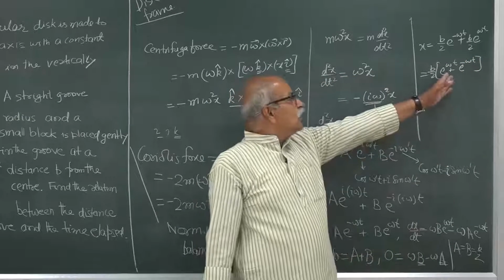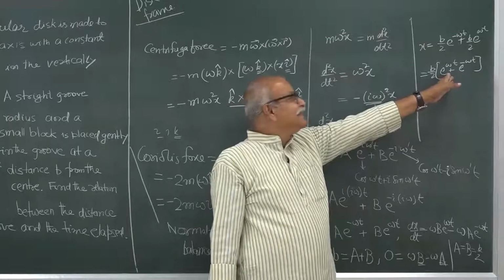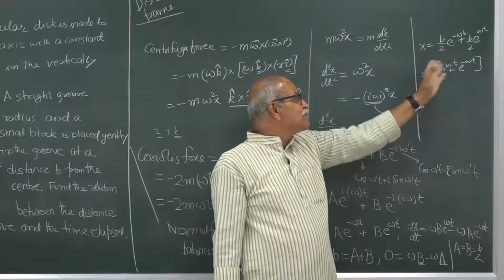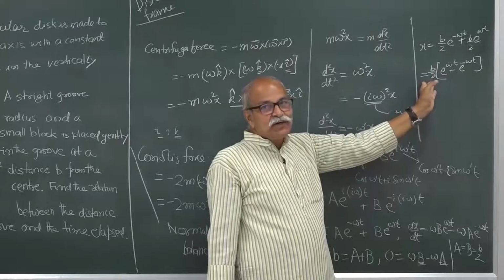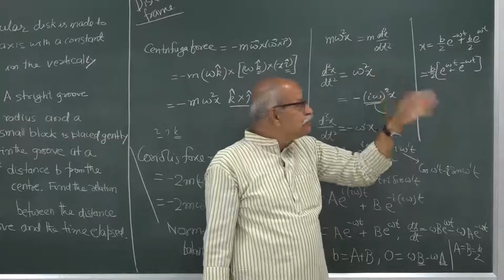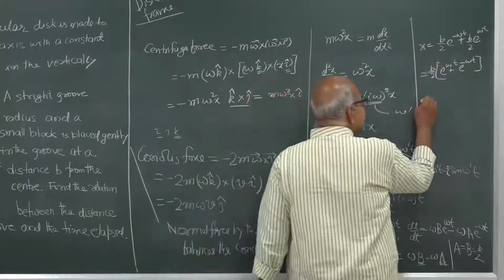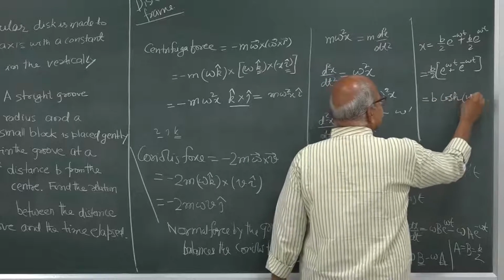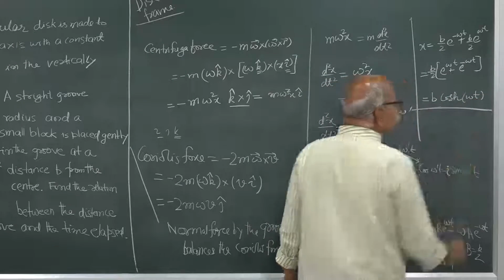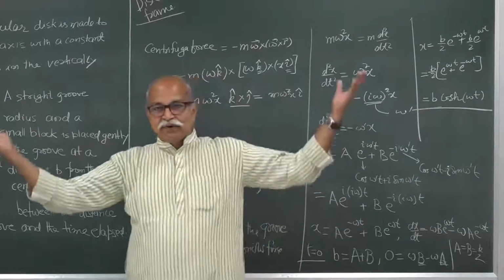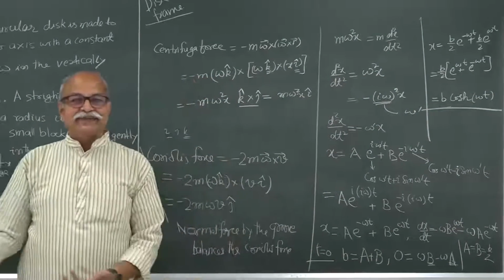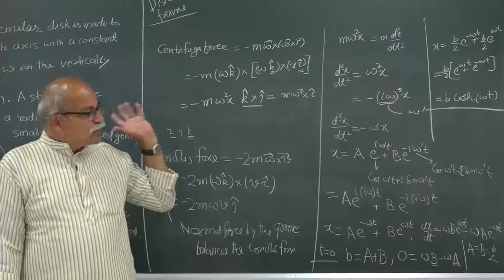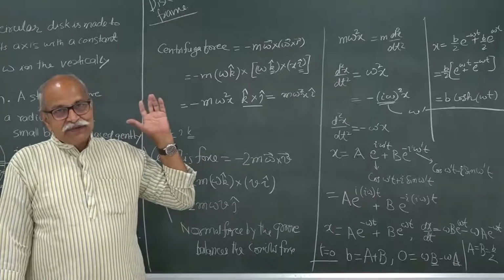This is called cos hyperbolic: e to the power omega t plus e to the power minus omega t divided by 2 is the cos hyperbolic function of omega t. So, you can write this as x equals b cosh of omega t. You can do a plot and see how that changes with time and so on. So, we will continue with more problems related to the rotating disk.